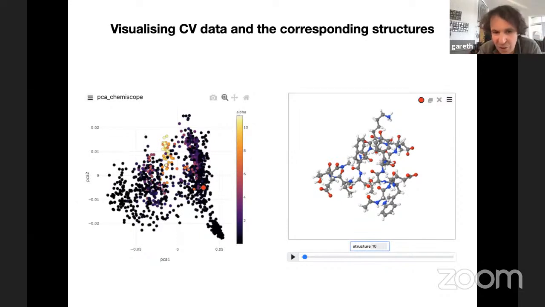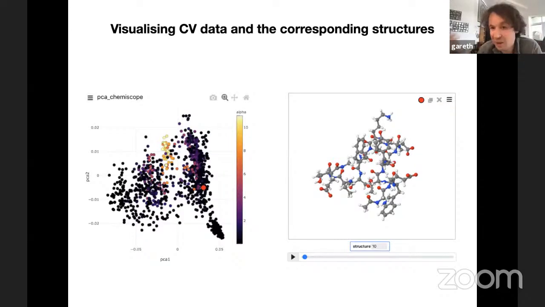The point shown in red is the configuration shown on the right. If I play the trajectory movie, I can see whereabouts in CV space each of those structures is projected. The exercises show you how to use Plumed to construct these Chemiscope representations.